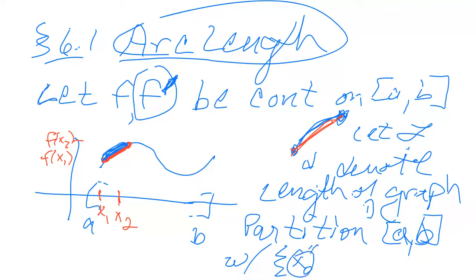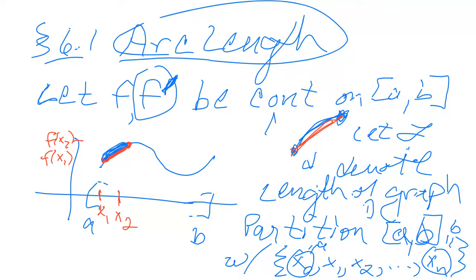So this is A, x1, x2, etc. All the way through x sub n, which would be the number B. Anyway, what we're going to do is we're going to split this up, and if I want to measure that, basically the length of the portion of the graph between those.